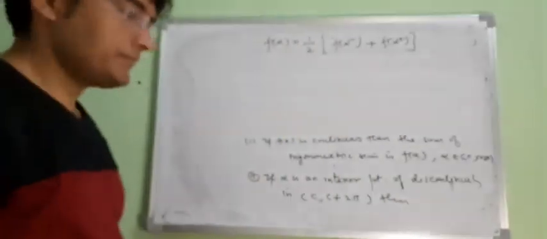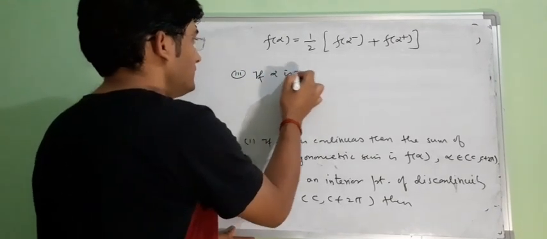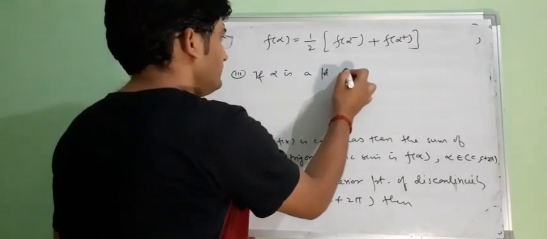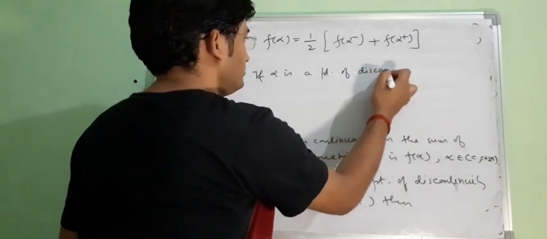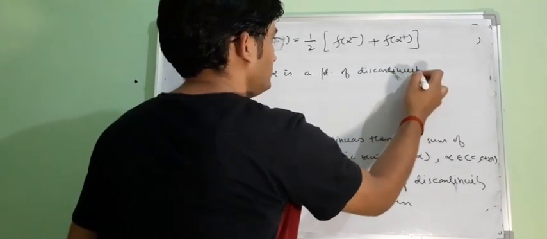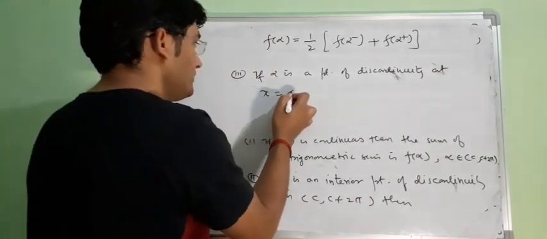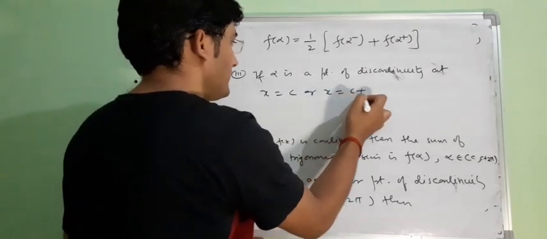Now third, if alpha is a point of discontinuity at either x equal to c or x equal to c plus 2 pi.